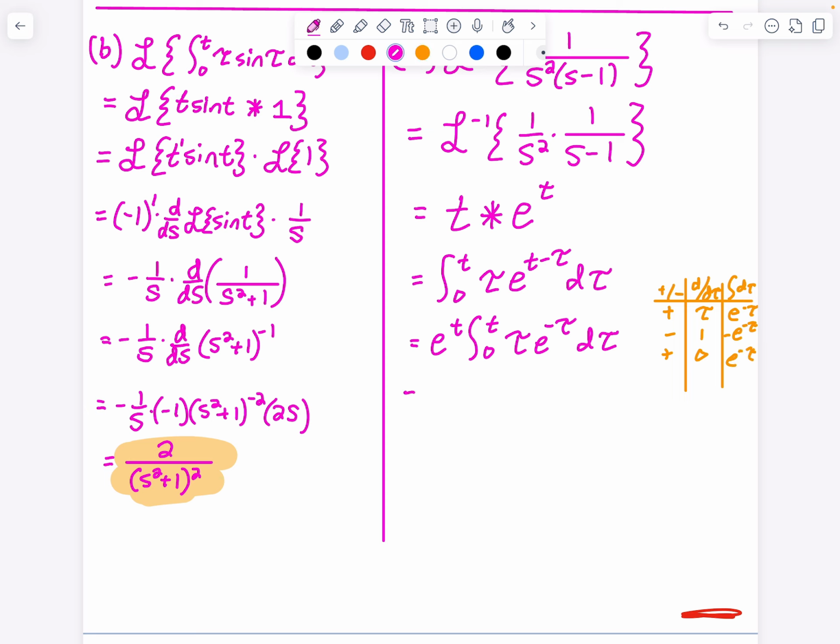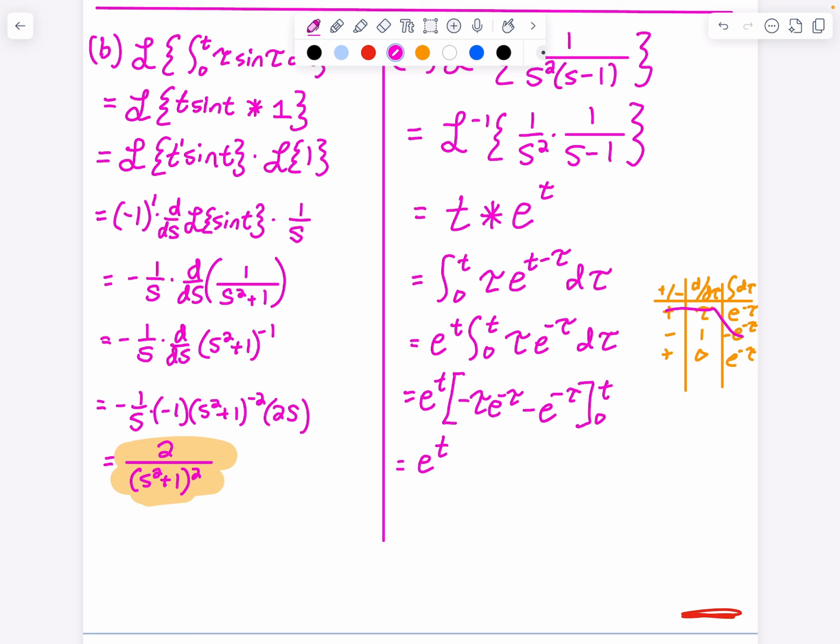Okay, so we're going to get e to the t times negative tau e to the negative tau. And then the second one is a minus e to the negative tau. And that's ran from 0 to t.